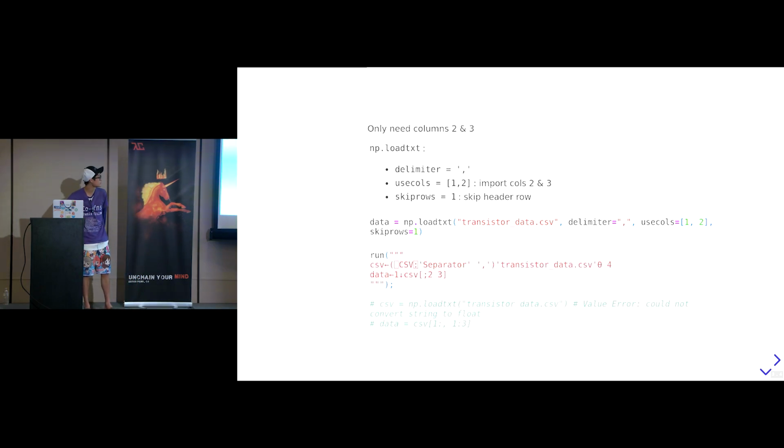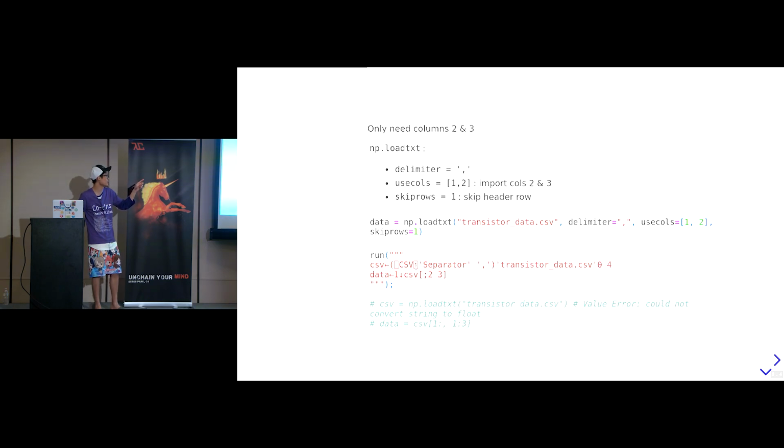In APL, there's some missing functions, but in the quad CSV function in APL, you can only specify the separator. Then you pass in your file name, and these two options I'll go over in a bit.